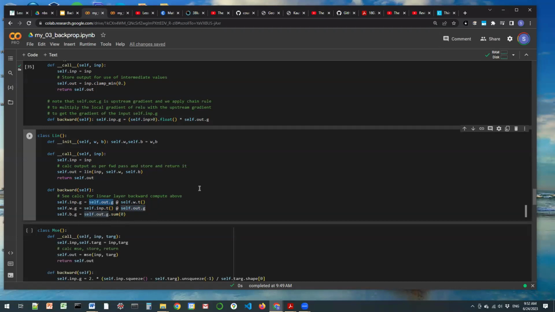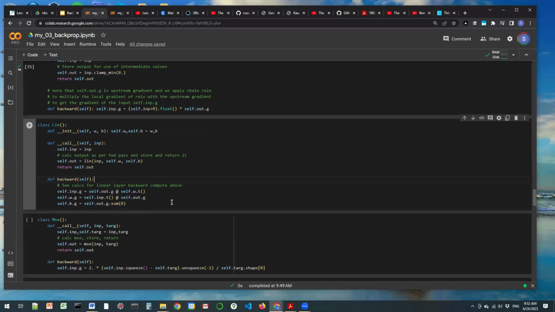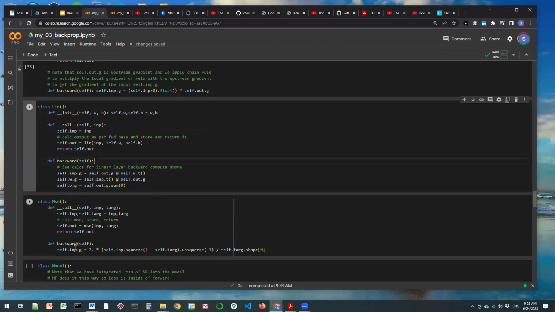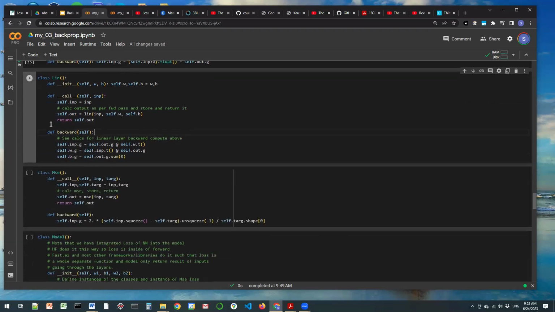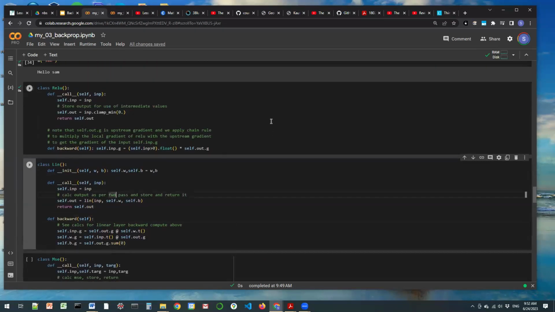I would highly encourage you to go through it yourself in order to really grasp the complexity and at the same time the simplicity of how all of this is built out of a few basic principles. And then of course the MSE, again exactly the same, except that we have to code it appropriately to get the right shape.